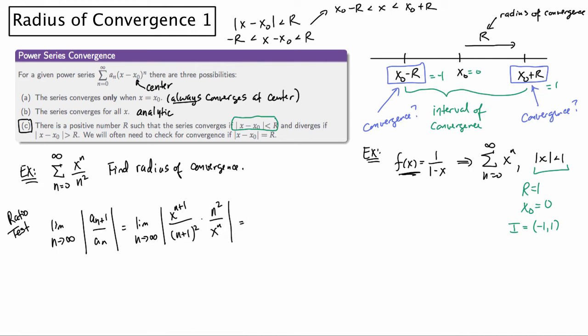If we get some cancellations here, x to the n cancels with x to the n plus 1, leaving just one copy of x. And then we've got n squared over n plus 1 squared.